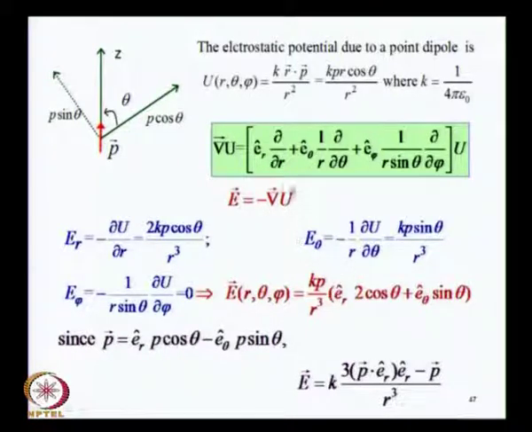The basic expression comes from this, and what we have used here is the expression for the gradient operator in the spherical polar coordinate system. So one can do exercises very easily using this, and remember, you do not have to remember the formula for the gradient operator in any coordinate system. That is the last thing I will recommend.